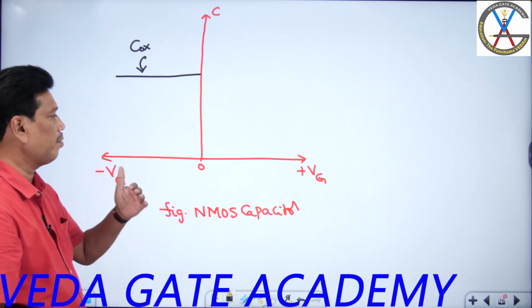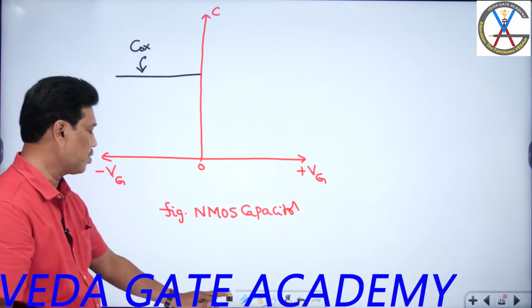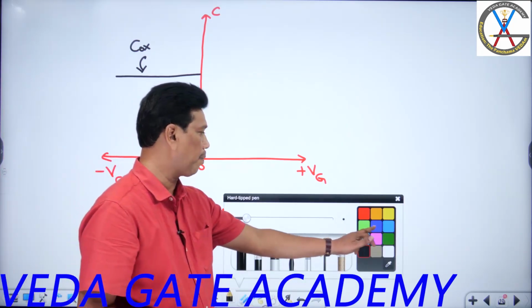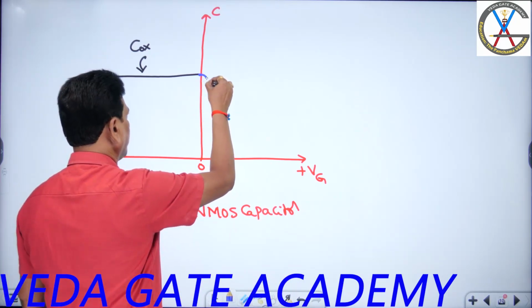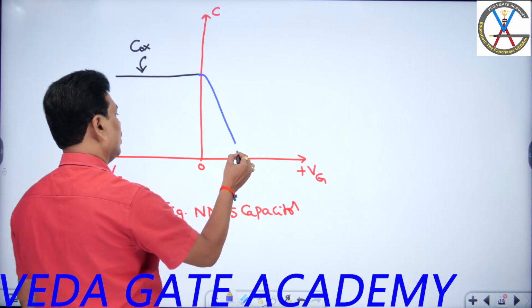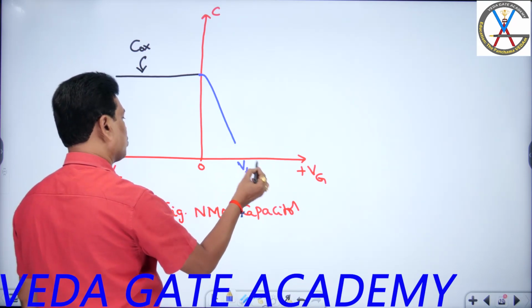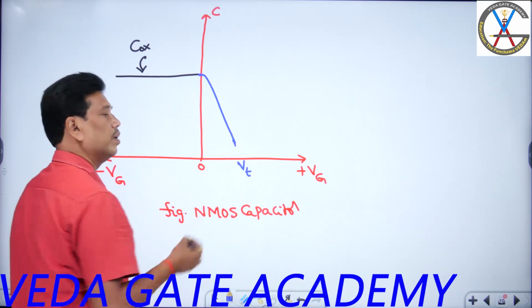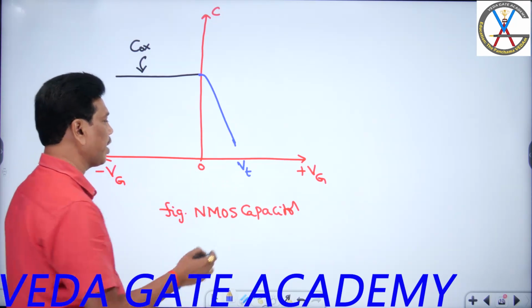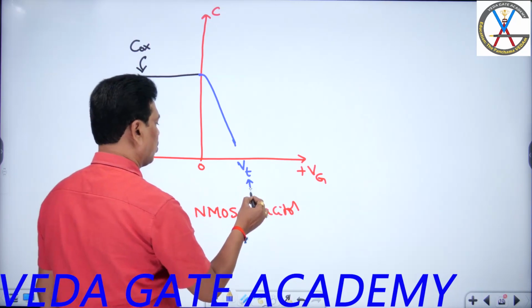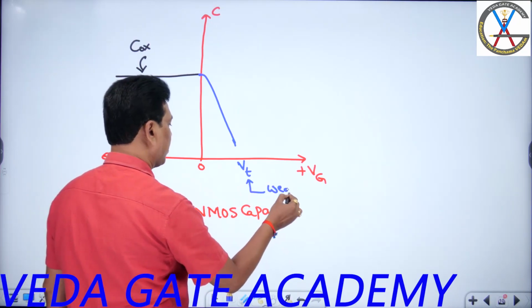Thereafter, once you go for a depletion mode, the capacitance decreases and becomes minimum. This is the case, students. This is the particular voltage called threshold voltage. That is a weak inversion. Now the inversion starts. Whatever is around the threshold is called the weak inversion area, sir.